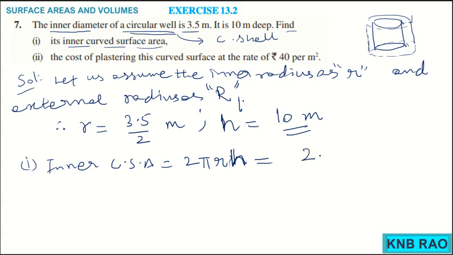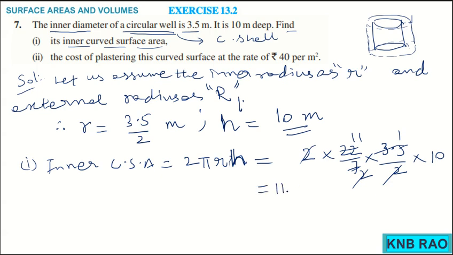On substituting, 2 into 22 by 7 into radius 3.5 by 2 into height 10 meter. This 2 cancels. This 3.5 ones are 3.5, twos are 7, this cancels. This 2 cancels with this 22 for 11 times. So 11 tens are 110 meter square, the inner curved surface area of a circular well.